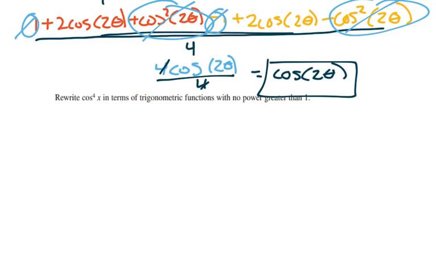All right, so the next problem here, they want you to rewrite cosine to the 4th in terms of trig functions with no power greater than 1. And, of course, that was the whole point of the double angle identity. The first way that I could write this is kind of just going back to understanding powers anyway, which is that cosine to the 4th is actually just cosine times itself 4 times.